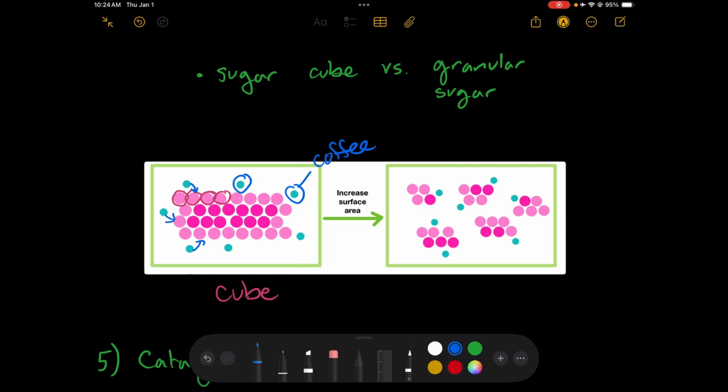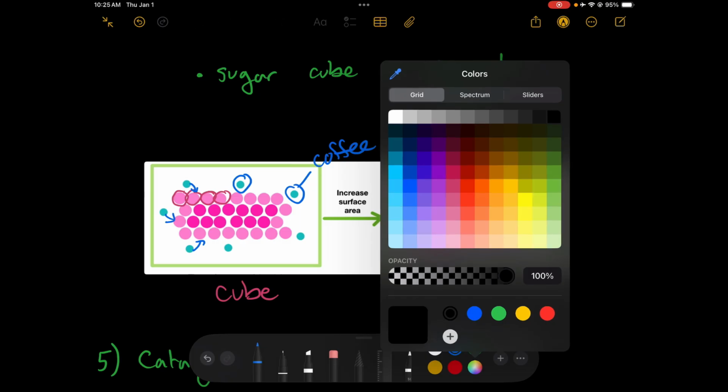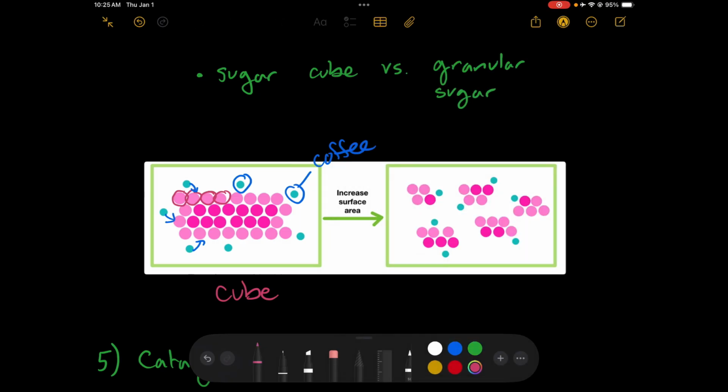We can get a particle interaction there. But the issue with the cube is that all of these ones on the inside are incapable of colliding with the coffee molecules. So they can't react, they can't dissolve, because they literally can't even touch the coffee molecules. And we know, based on collision theory, that particles have to collide to react.